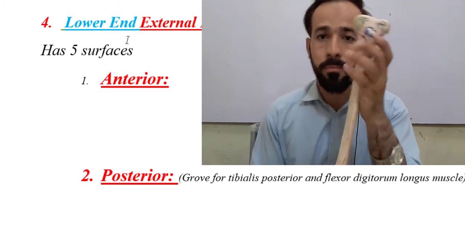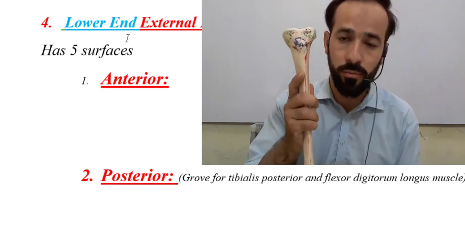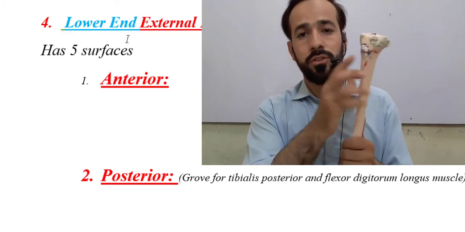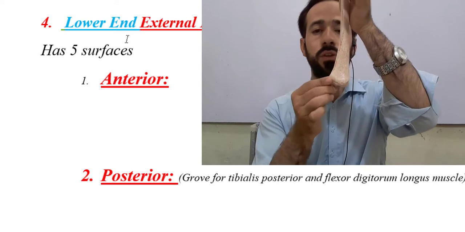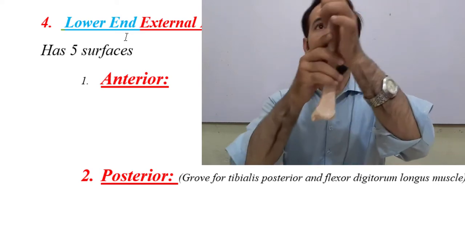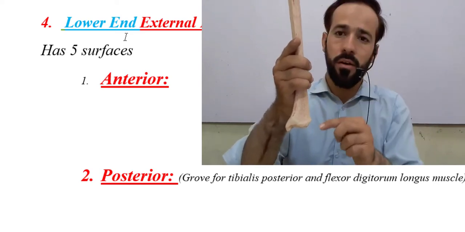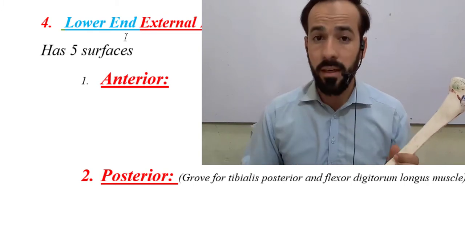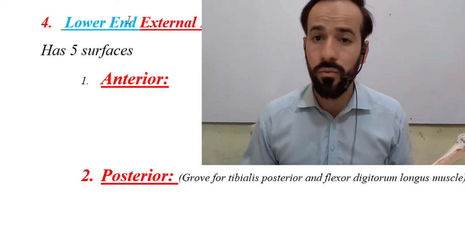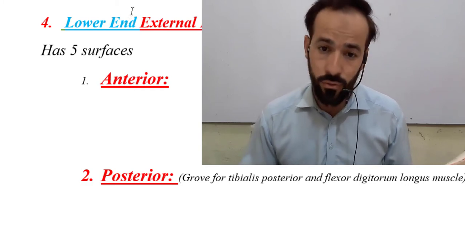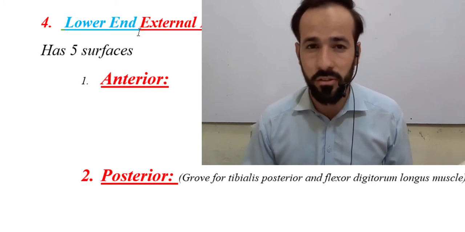For the side determination of this bone, I had told you that the tibial tuberosity should be anterior, and the lower end has a medial malleolus, which should be on the medial side, and the fibula is on the lateral side of your leg, right? The tibia is the bone of the leg, as we have discussed in the lectures before.